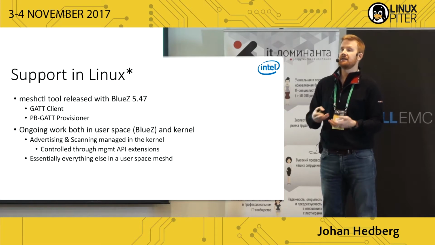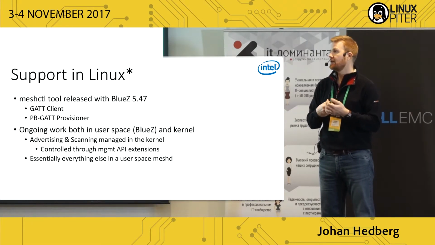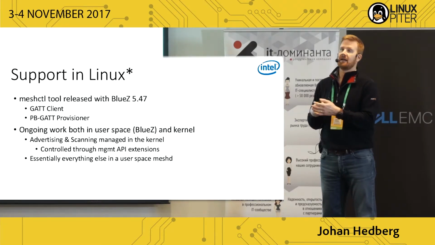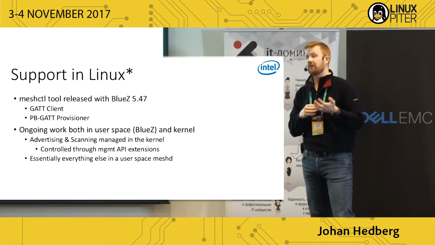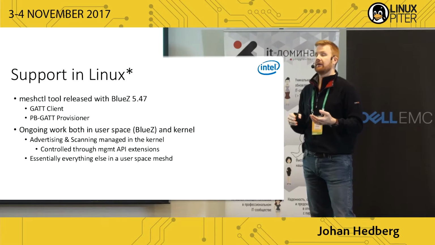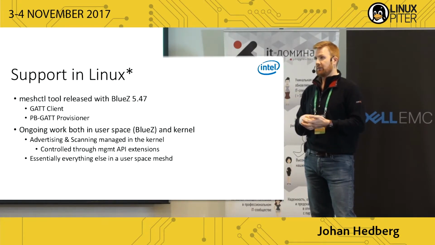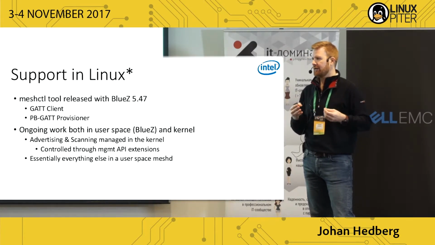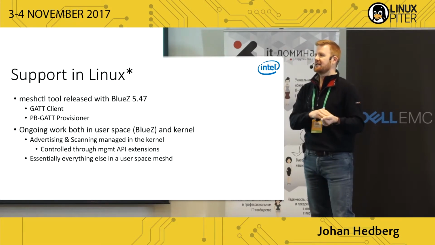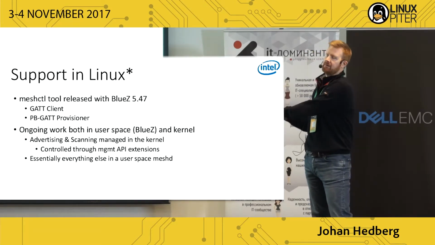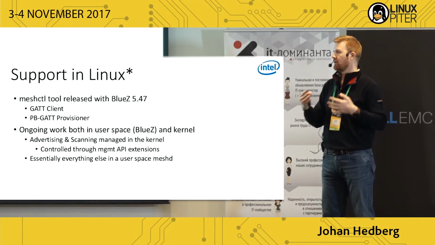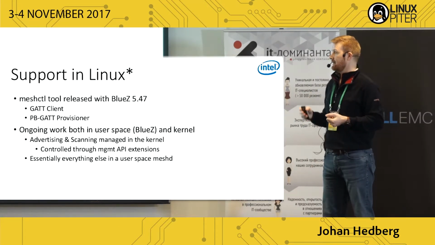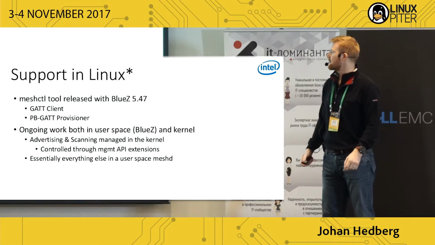What it will consist of is a new user-space mesh daemon, which will take care of talking to the kernel, which will be taking care of the advertising bearer semantics. It will be important to make sure that the mesh usage of the advertising bearer doesn't conflict with traditional Bluetooth LE usages of the advertising bearer. So the kernel will be responsible for managing that, and pretty much everything else will then be in user space.